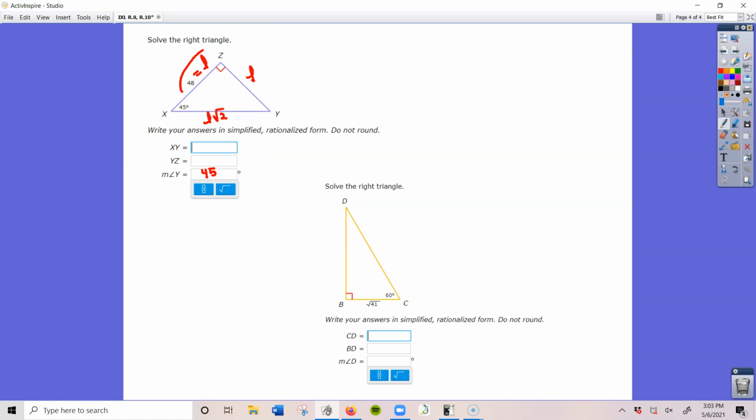So what I have here is that L is equal to 48. That means that YZ is also equal to L, so YZ is 48. XY is equal to L square root of 2, so that means that XY would be 48 times the square root of 2.